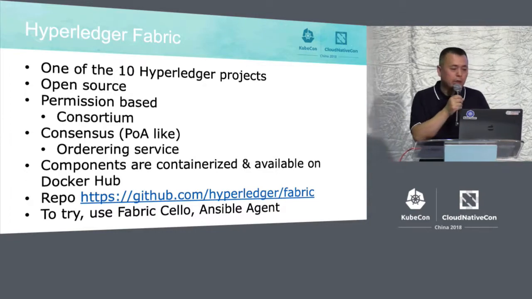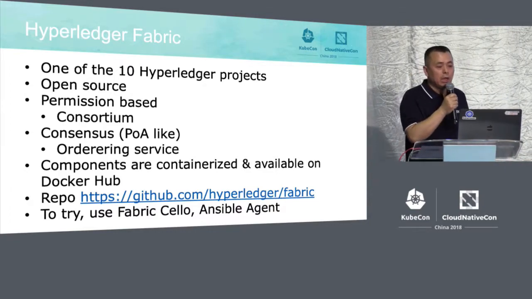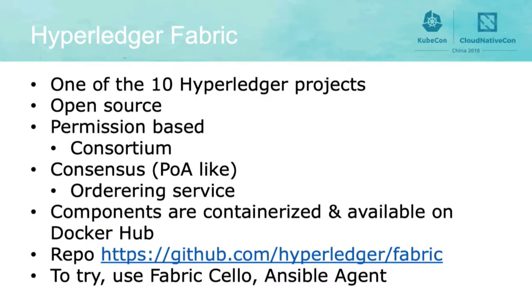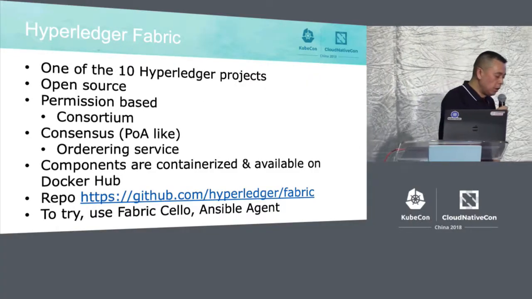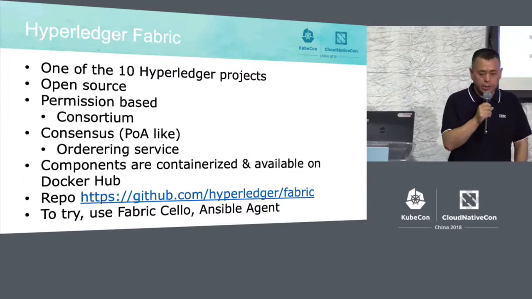So very quickly, they put this product under the Linux Foundation and open sourced Fabric. As I said earlier, Fabric is permission based. You have to be part of this consortium.